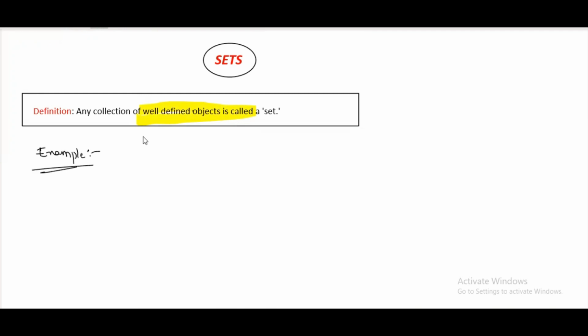If I ask one question like vowels in English alphabets, whomever we ask, they'll tell A, E, I, O, U. These are the vowels in English alphabets.